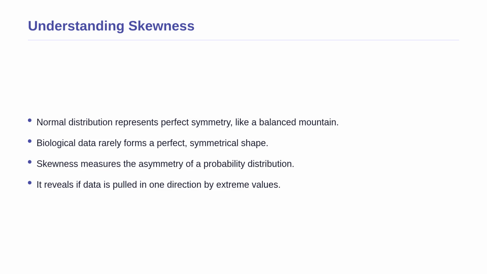Sometimes the mountain leans heavily to one side. This leaning or lack of symmetry is what we call skewness. It tells us if our data is balanced or if it is being pulled in one specific direction by unusual, extreme values. Recognizing this is critical because applying standard tests to skewed data can lead to completely invalid and misleading results.